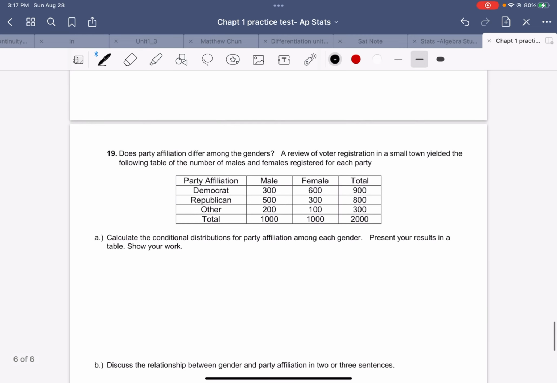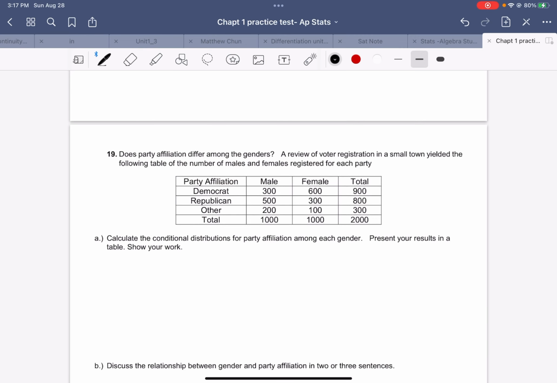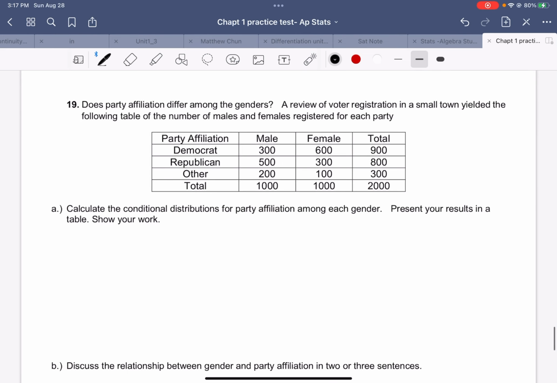Now let's move on to number 19. Does party affiliation differ among genders? A review of voter registration in a small town yielded the following table of the number of males and females registered for each party. So it shows male here, female, and those are party affiliations: Democrat, Republican, and other.